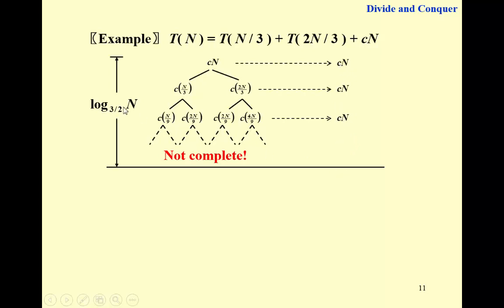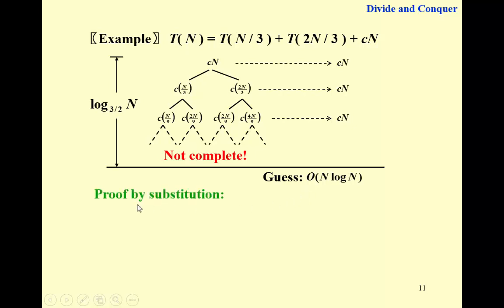And there are altogether log n levels. So put them all together, it's safe to guess that this is bounded above. It's big O of n log n. Well, this is not a strict proof, but instead it gives us a pretty good guess of the conclusion.